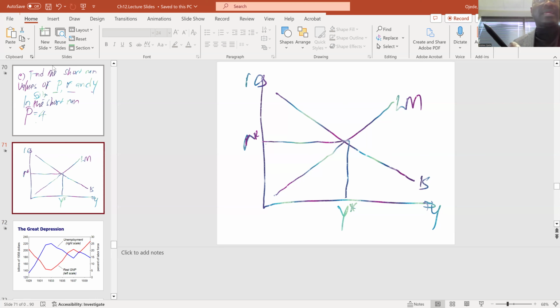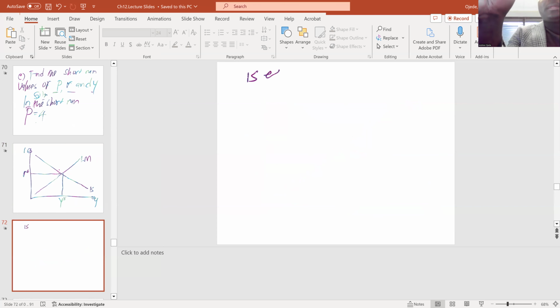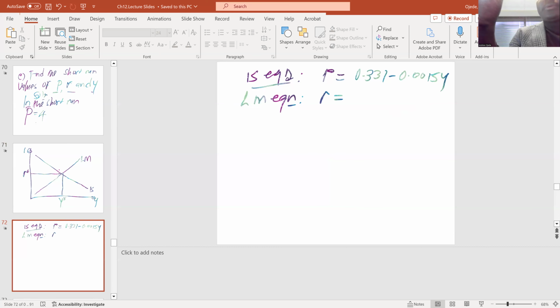The IS equation, which you derived in part A, is R equals 0.331 minus 0.0015Y. And the LM equation that you derived in part A, Roman 2, was R equals negative 0.413 plus 0.003Y.